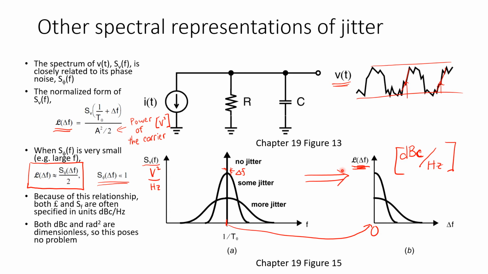You'll also, I should say, see the symbol script L often used directly in reference to phase noise rather than this notation here. So essentially, these two quantities, the script L and the S, are often used interchangeably. There's a factor of a half to take care of in there. So all this can make the use of these terms a little complicated and confusing. But the underlying reason is that as long as the phase noise is small, the two become equivalent.